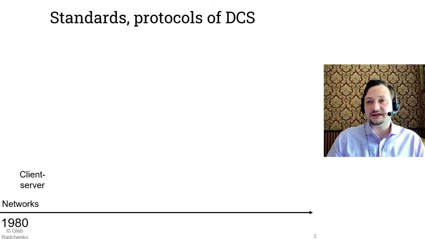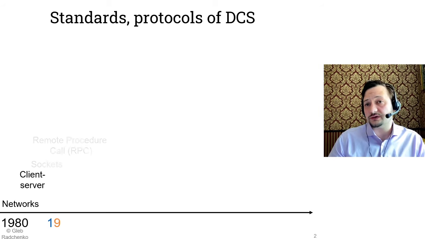From the 1980s, we started the development and forming of the client-server model, and the first networking equipment started to arrive that allowed connecting not only mainframes, but also smaller computers.